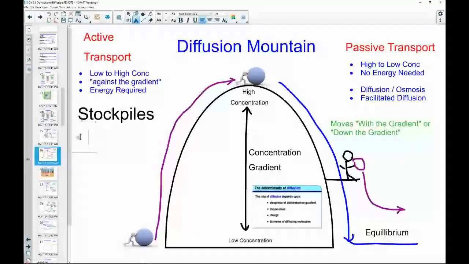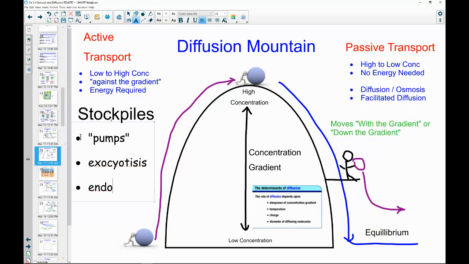We have our pumps, such as the sodium potassium pump. We have things such as exocytosis and endocytosis. Those are a little bit different in that you are creating membrane to create these little vesicles to move large quantities.